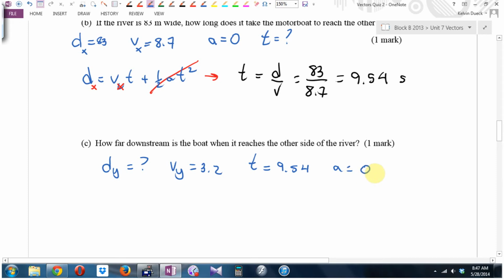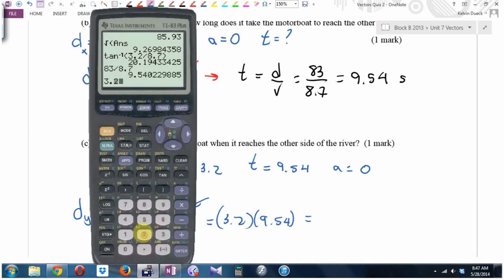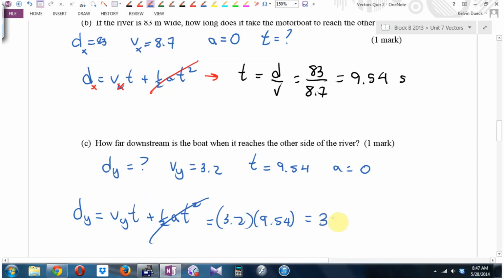It's not a flood suddenly and the river doesn't pick up. So dy equals vy t plus a half at squared. It's going to be 3.2 times 9.54. Do you get 30.5? I'll take 31, but I'll go 30.5 meters. 1 mark.